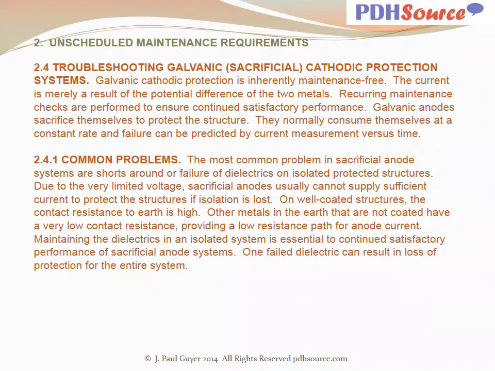Other metals in the earth that are not coated have a very low contact resistance, providing a low resistance path for anode current. Maintaining the dielectrics in an isolated system is essential to continued satisfactory performance of sacrificial anode systems. One failed dielectric can result in loss of protection for the entire system.